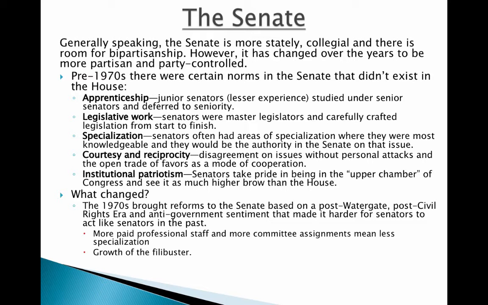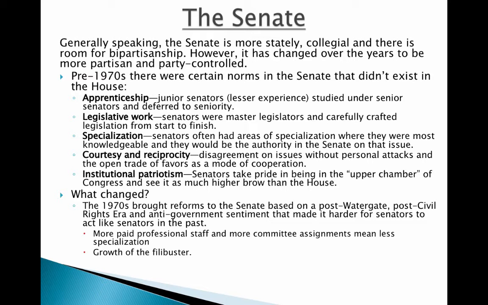If you are going to be writing your own legislation, it's easier if you have, as a party, a couple of members who deal with foreign affairs, a couple of members who deal with agriculture, a couple of members who deal with the judicial branch, etc., so that you have people who are specialists in that area, and not everybody has to know everything. Those things have largely started to change and shift more towards staff doing the legislative work and people being generalists rather than specialists.